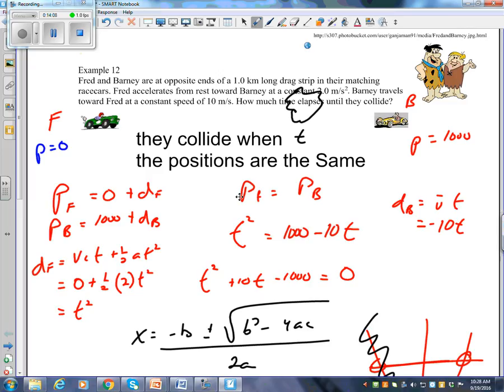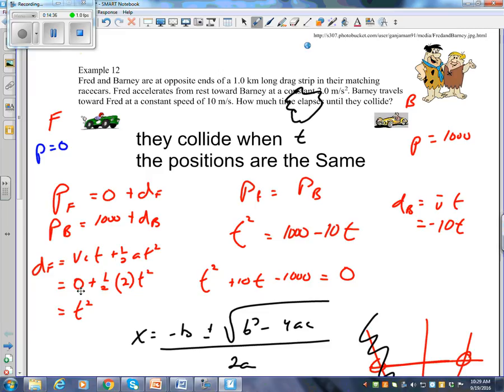Watch again. Position of Fred, Renee, he starts at position 0. Is he moving forward? Yes. His position is the initial position plus his displacement. His displacement is based on his 2 meters per second squared acceleration. What's his initial velocity? 0. So Fred's displacement is v_i t plus a half a t squared.